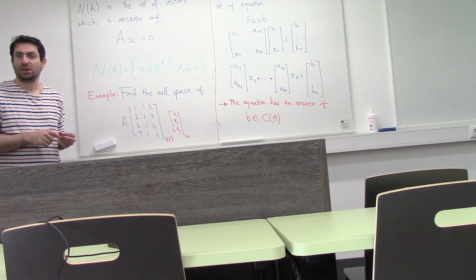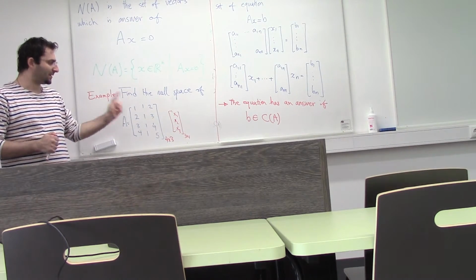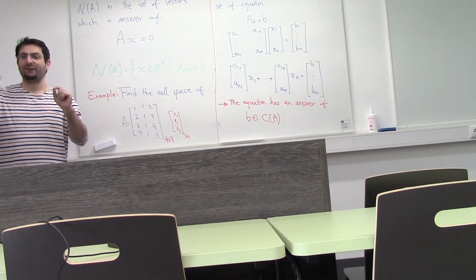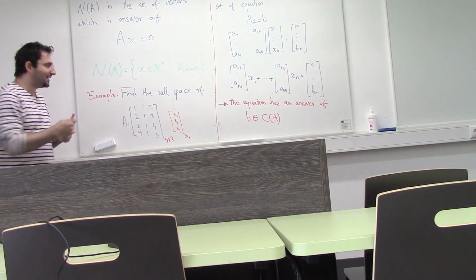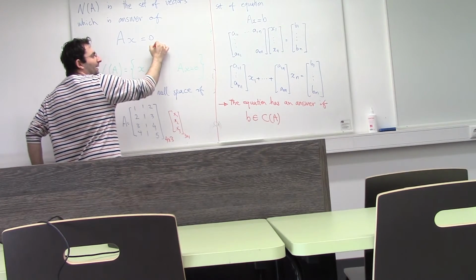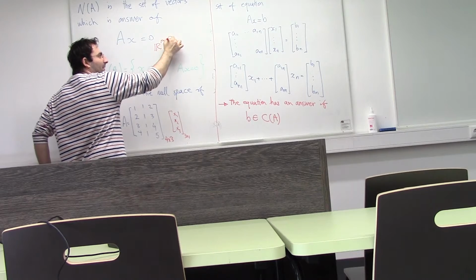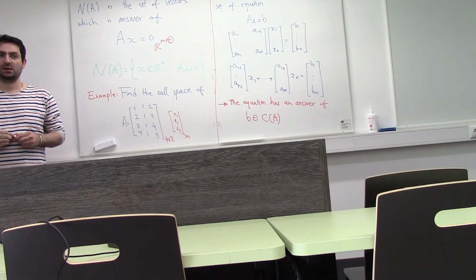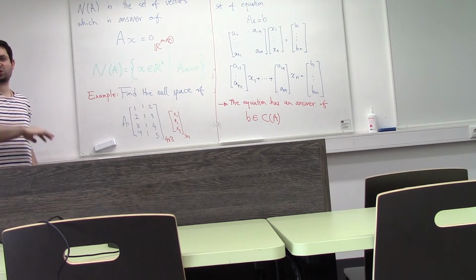So it means we have 3 variables. So we look at the number of columns and we say, okay, the null space should be in R3. We will talk about it much later, that in a matrix of size n by n, we look at the null space in Rn. But we will come to that much later.